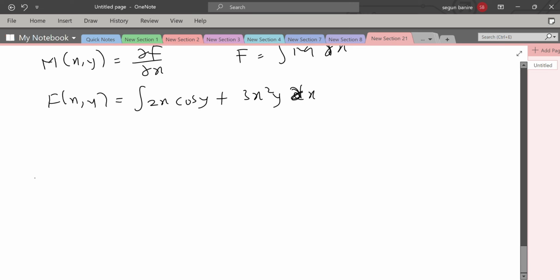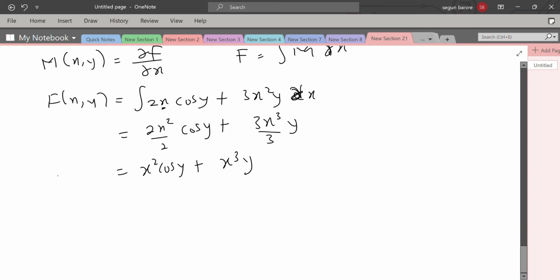Very, very important. Let's integrate this. Remember, the y is seen as a constant. You only focus on the x. So we have 2x squared over 2 cos y plus 3x cubed over 3 times y. This will give you x squared cos y plus x cubed y. So this is your f of x comma y.